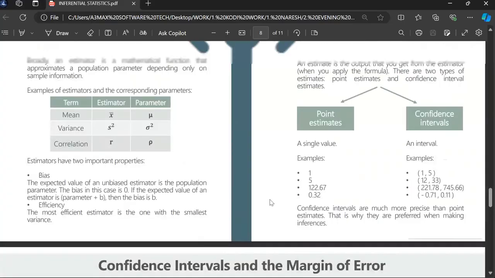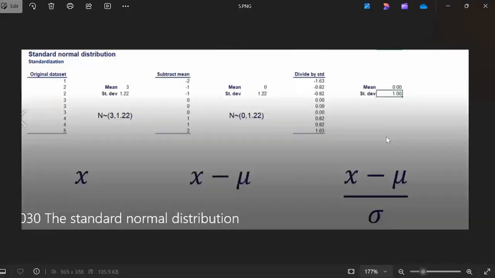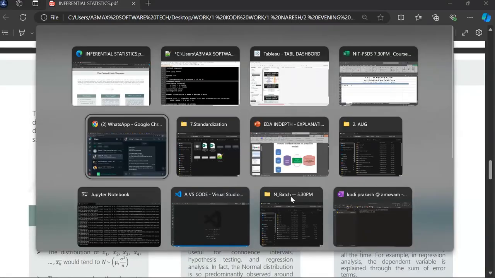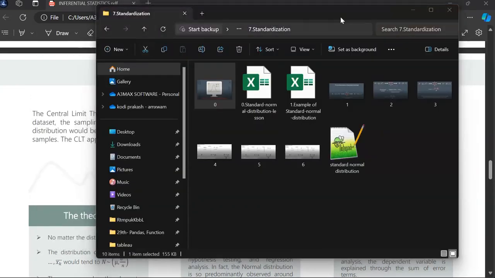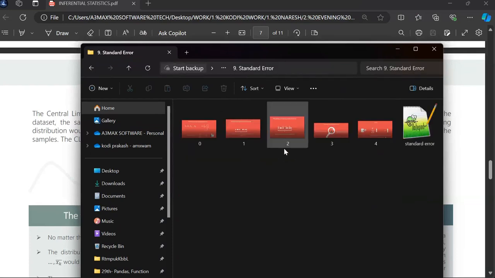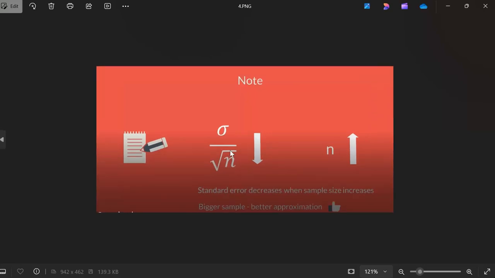Now, next one, standard error. These are all formulas, guys. Even though you feel it is hard, I don't skip them because this is very important. Standard error, just remember the formula: standard error equals sigma by root n.